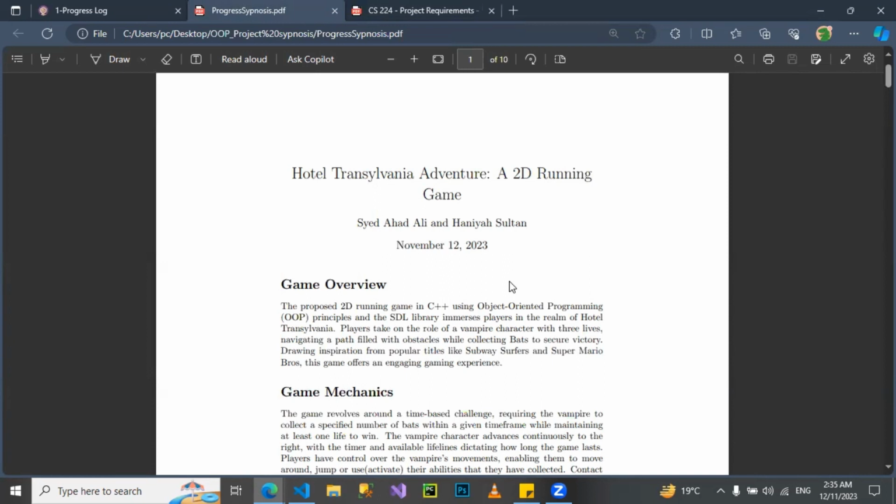The main idea behind OOP is that you group various types of data together, and you are creating another data type out of it, another entity.